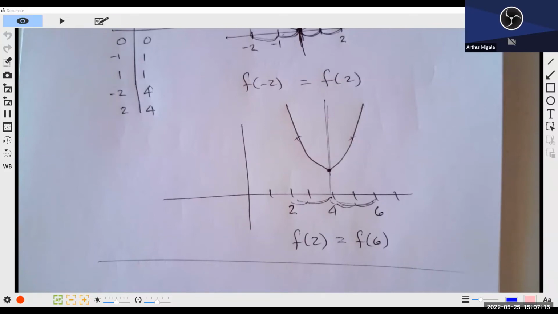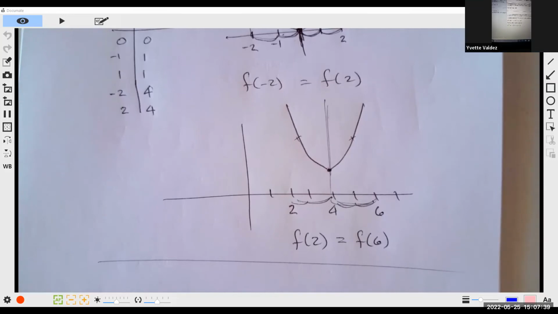Yeah, okay, so vertex. That's the same type, isn't it? It's the same thing. So it's just worded differently. And now we have to find the range and the interval where it's increasing or decreasing.